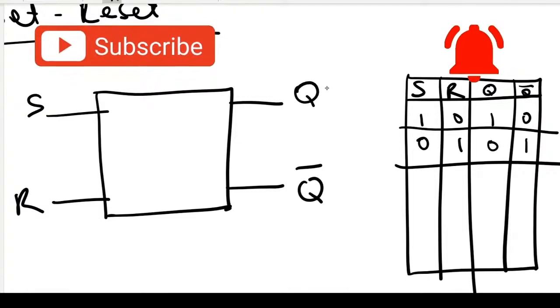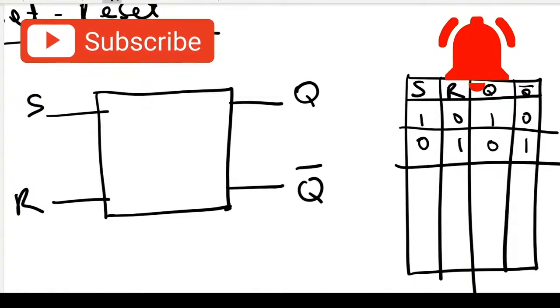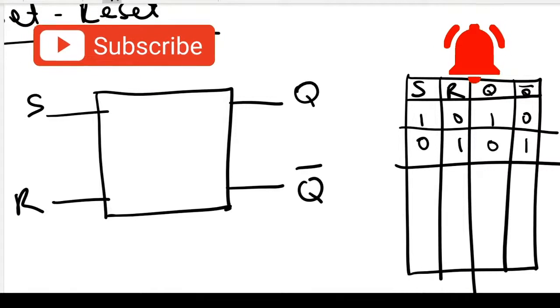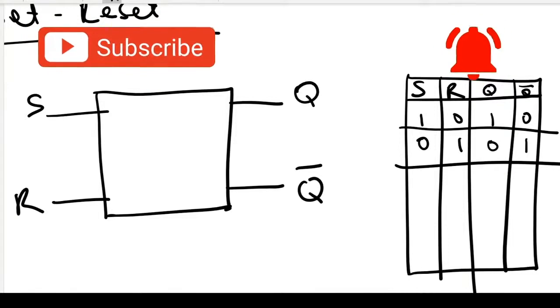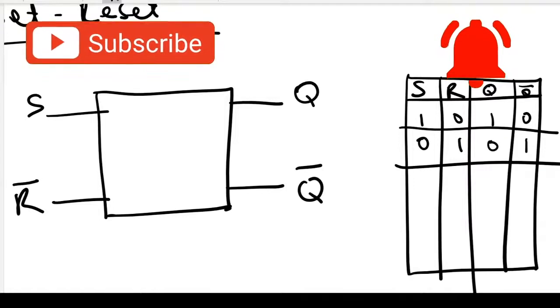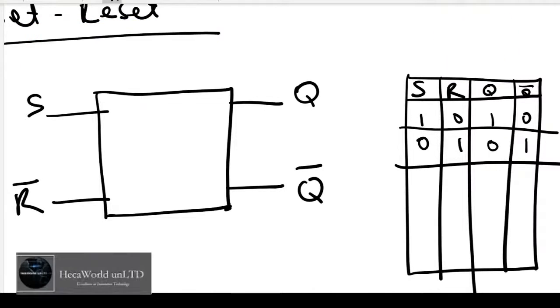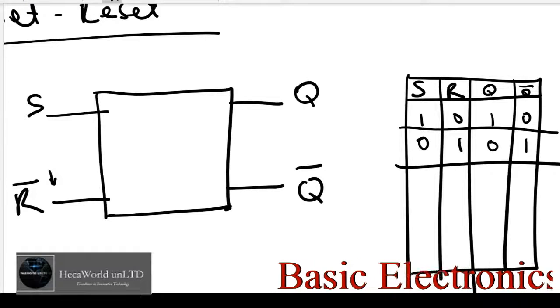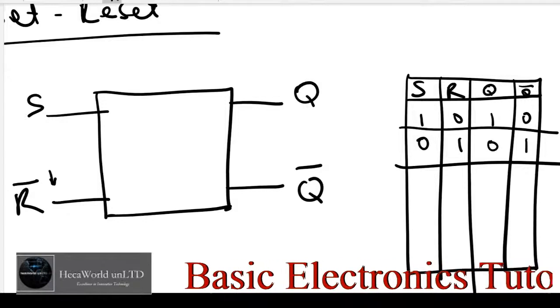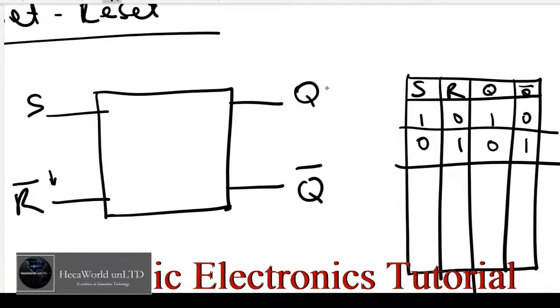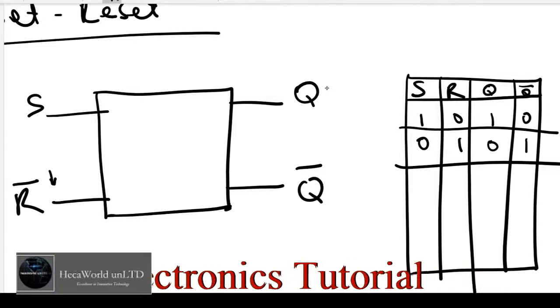So you send a signal to set, and then you send a signal to reset it. And sometimes you might have a situation where your reset is 0. Then in that case, if you don't want to reset it, let's use this case. If the reset is negative going, so you have to go lower to reset it, then you have to make sure that when you're not resetting, you use 1.